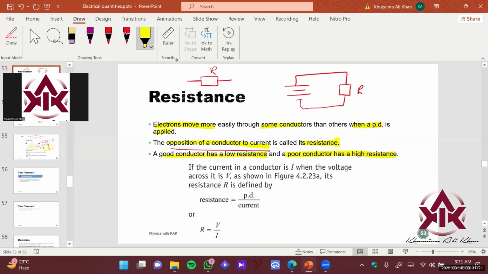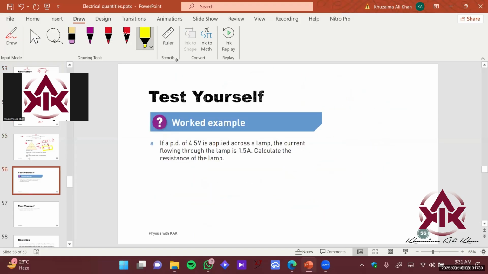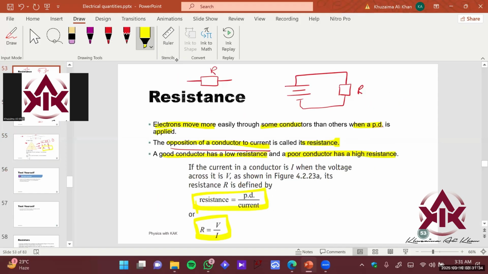This is the formula which relates the resistance, potential difference, and current flow in the circuit. Now I believe you have an idea what resistance is. It tries to stop the motion of current, just like friction. When you're moving, friction is trying to oppose the motion. Similarly, when the current is flowing, resistance is the blocking component.